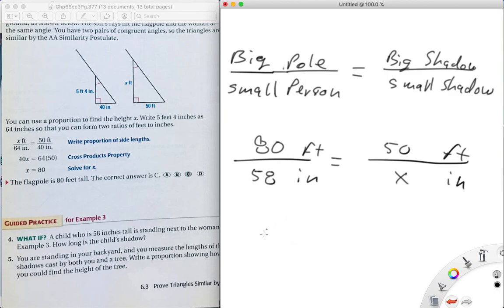So cross multiply: 80x equals 50 times 58, which is 2900, divided by 80. And we have 36.25 inches, or 36 and a quarter inches.